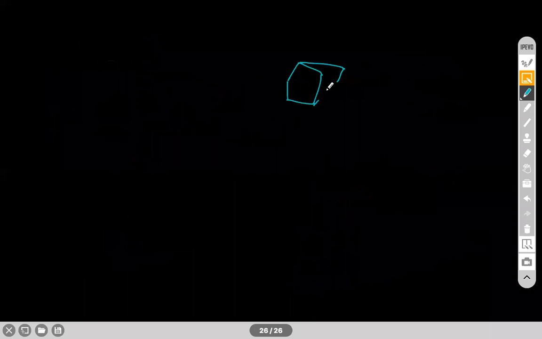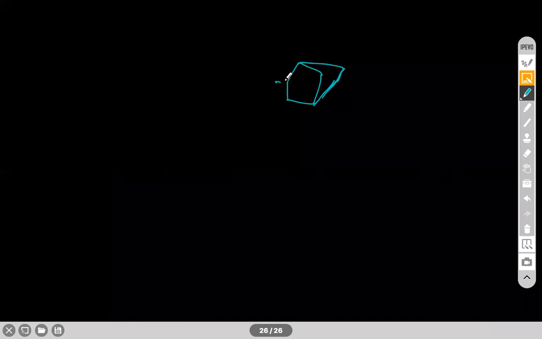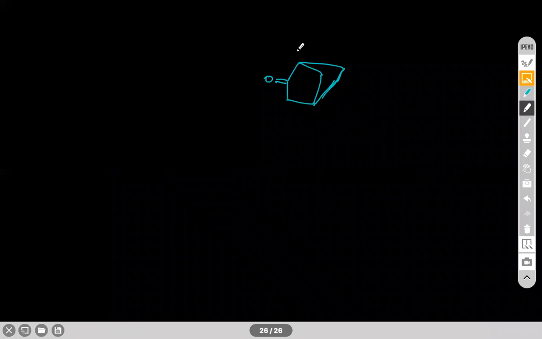Okay. This example you see. And we have a double bond O here. You see 1, 2, 3, 4, 5, and this is 6.